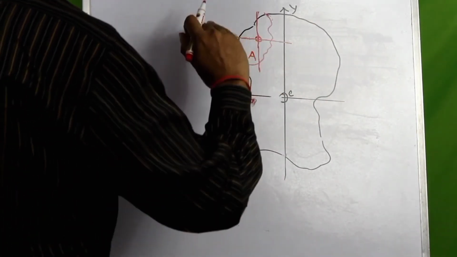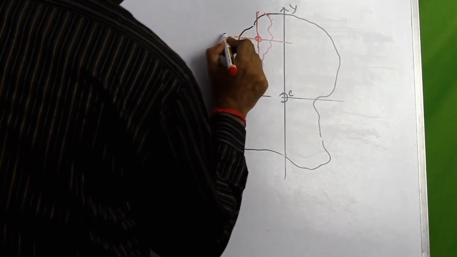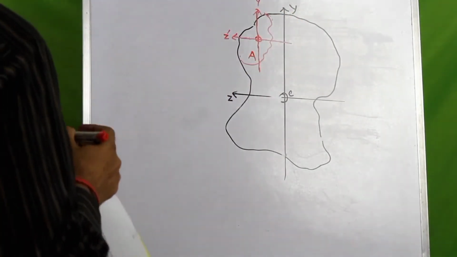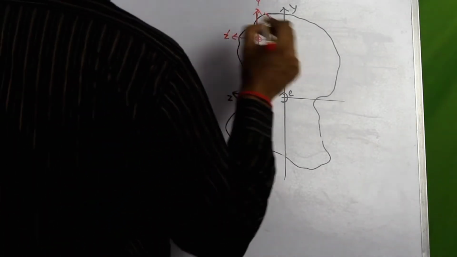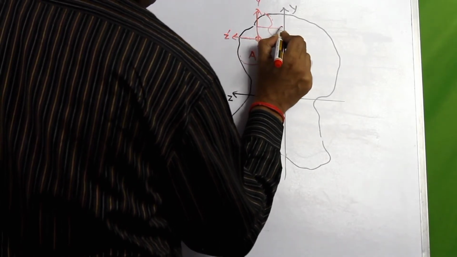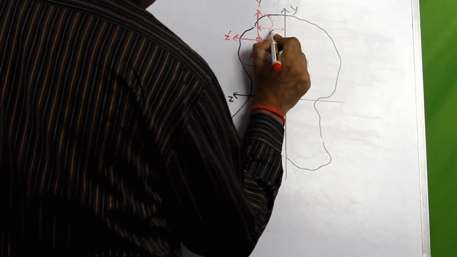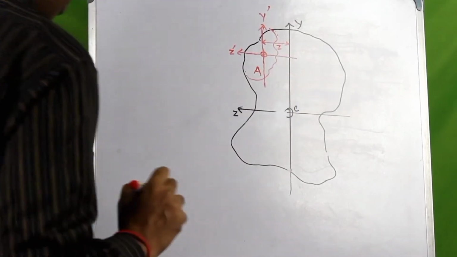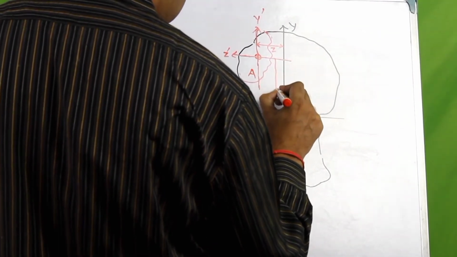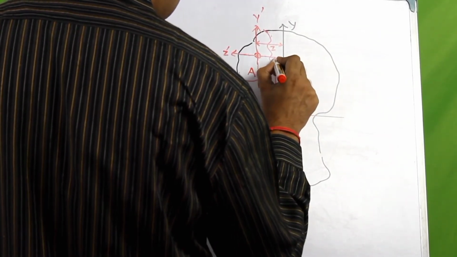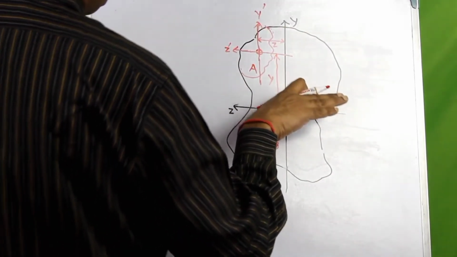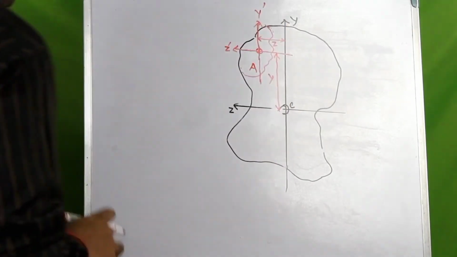So this is parallel to this and this is parallel to this. Let us call these z dash and y dash, another axis system. Now let the distance between the two parallel centroidal axes y dash and y be given by z, and let the distance between the two parallel axes z dash and z be given by y. This is z because we are measuring along z, and this is y because we are measuring along y.